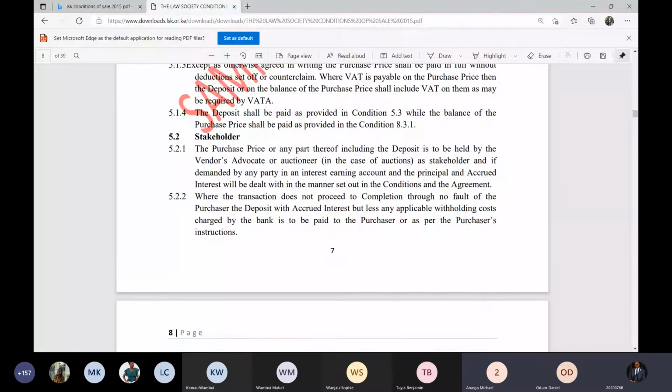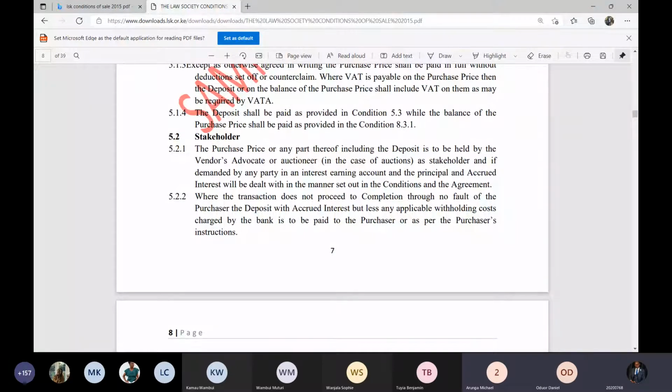Since we now have an advocate who is holding this money, it's my opinion that we only need a professional undertaking from this advocate that in the event that this happens, then I will give you back the money. Because of the legal backing, 5.21 says he holds this money just as a stakeholder. And of course, that means if anything happens, they're supposed to give it back to you.